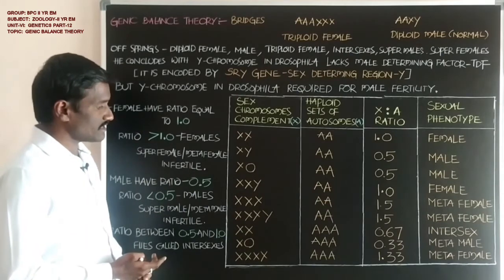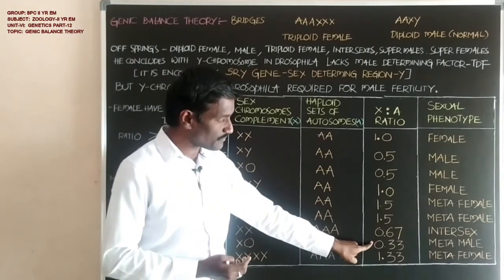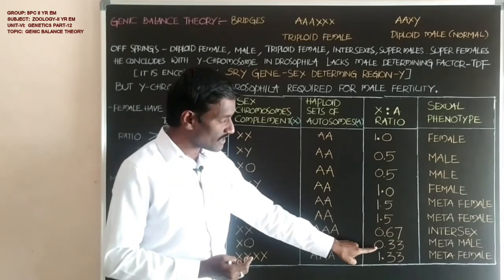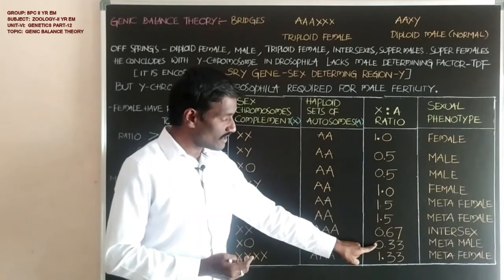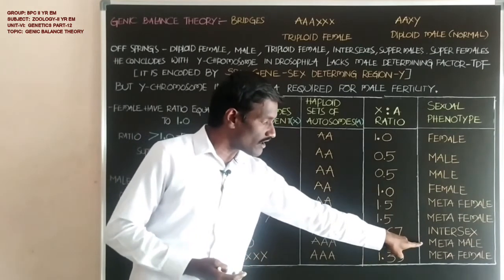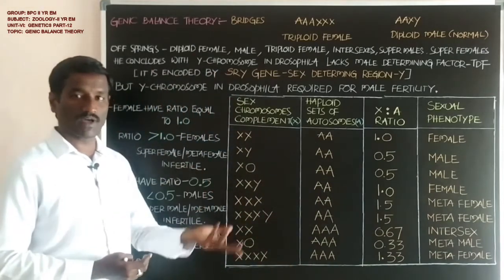Okay, next, if the X by A ratio is less than 0.5, the offspring develops into the meta male, also called super male.